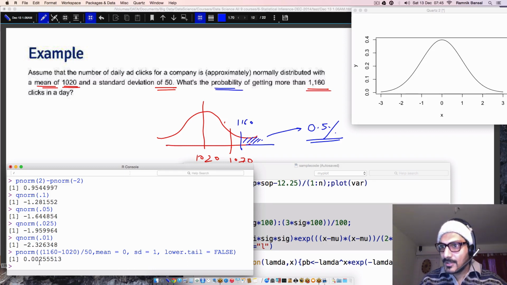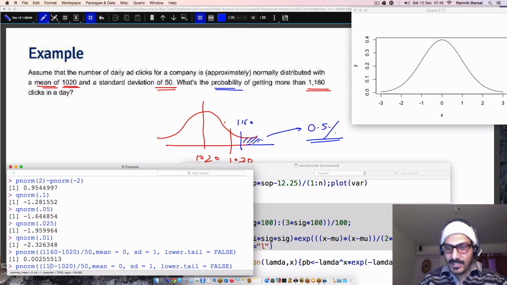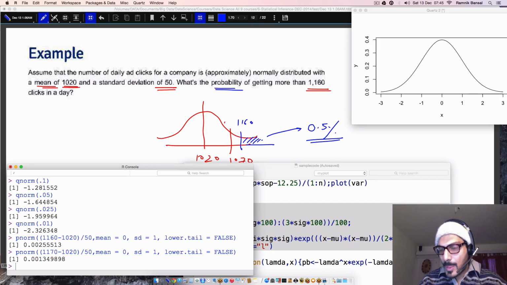Hold on, where did we go wrong? Maybe this is correct, because at 70 it should have given us that. Let's try it out at 70. So 1020 and standard deviation of 50.